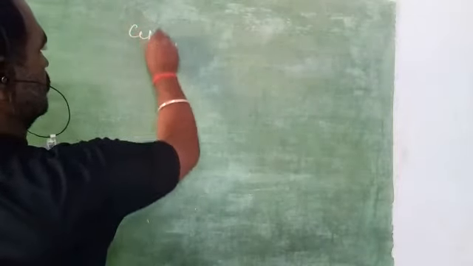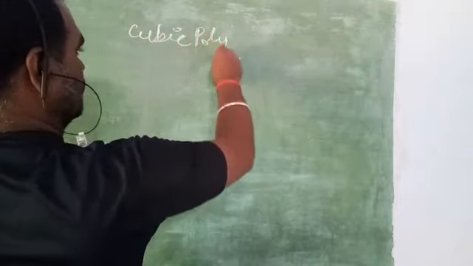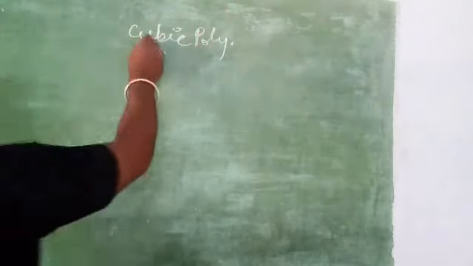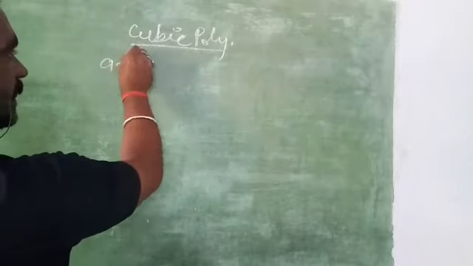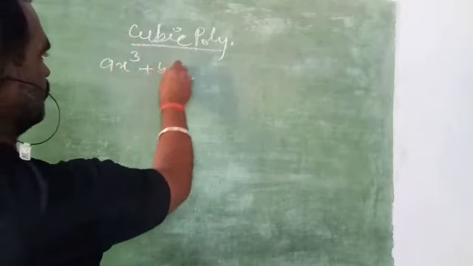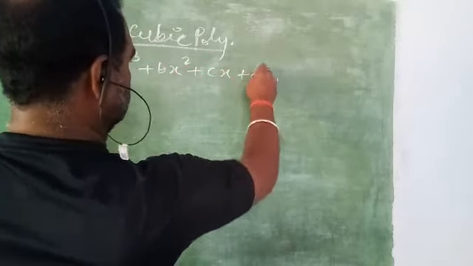Now we have to see how to find the zeros of a cubic polynomial. The general form of the cubic polynomial is ax cube plus bx square plus cx plus d.